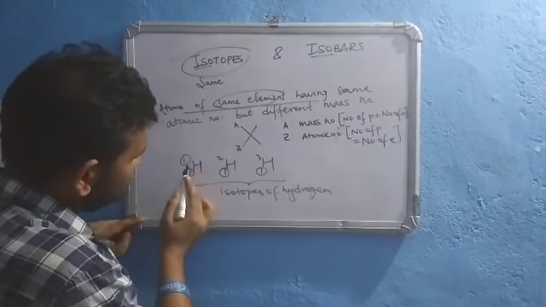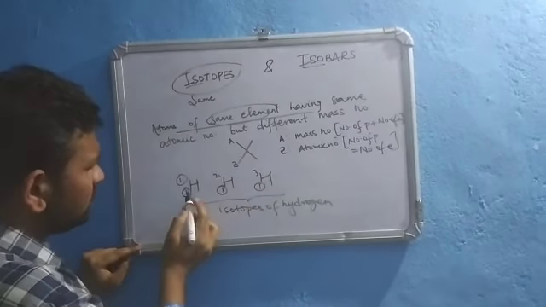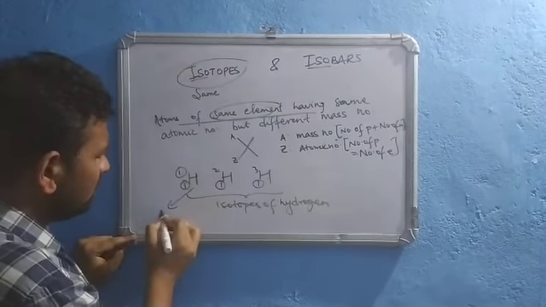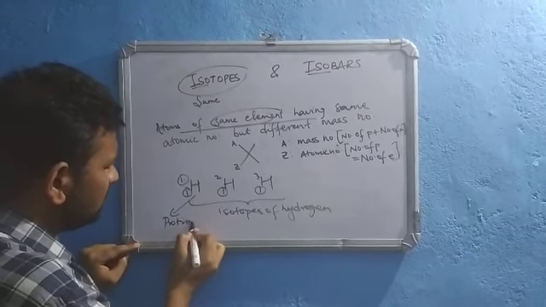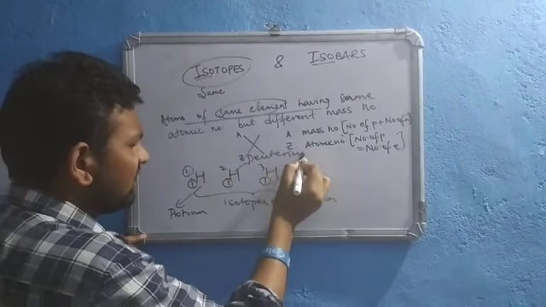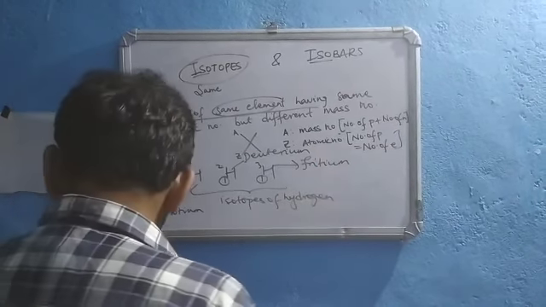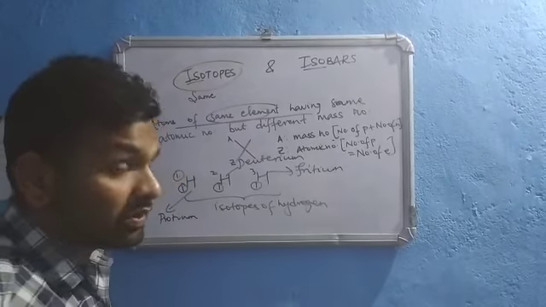So as you can see, this is having mass number 1, this is having mass number 2, and this is having mass number 3. So this is called protium, this is called deuterium, and this is called tritium. Okay, so these are the names of the different isotopes of hydrogen.